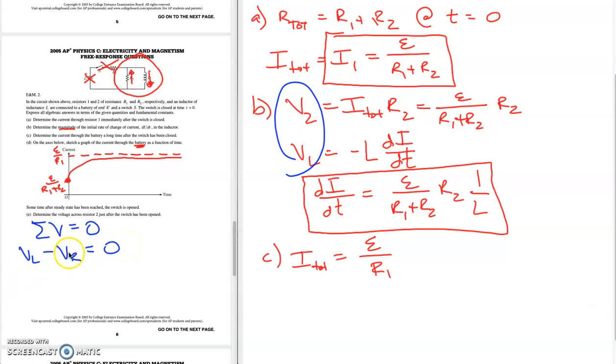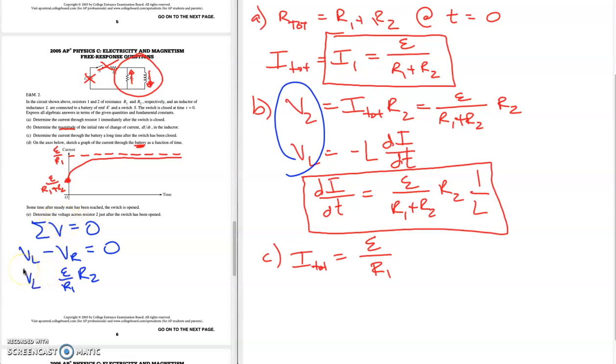And the current that we had going on in the inductor was this I total of E over R1, and the resistance for R2 is just R2. And see, what do they want? They just want the voltage there.